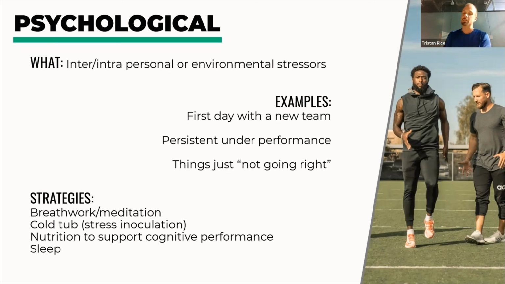You think about nutrition to support cognitive performance, right? What sort of things can we do to improve the ability of the brain to process, to improve the likelihood that you're going to make a good decision? And of course here, sleep being the thing, sleep being the one. And so across neural, mechanical, metabolic, and psychological, hopefully we understand that these are different types of stress loads that exist.